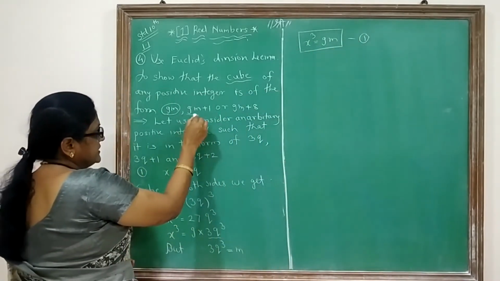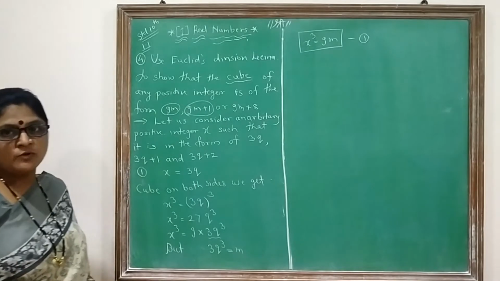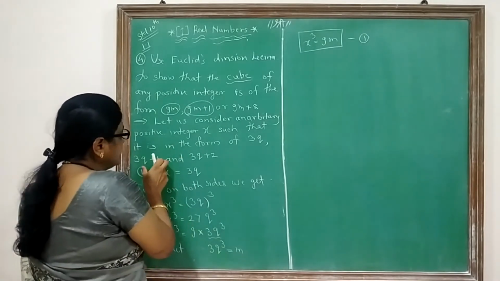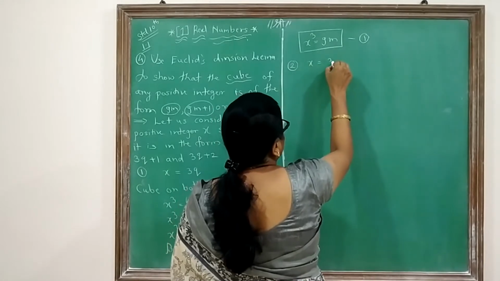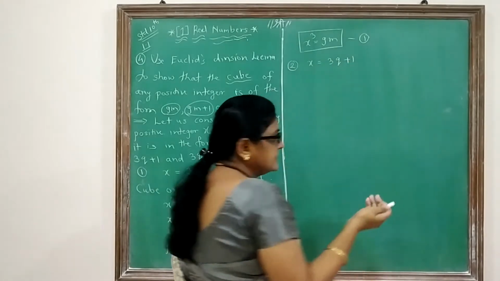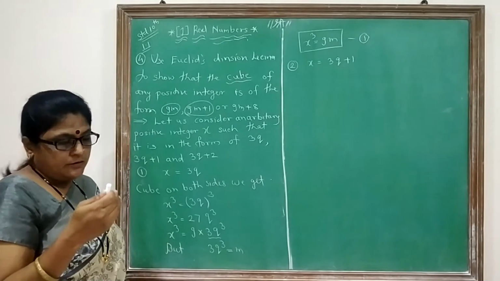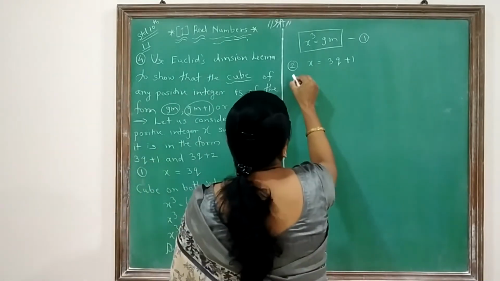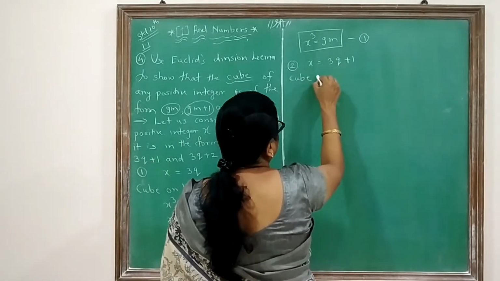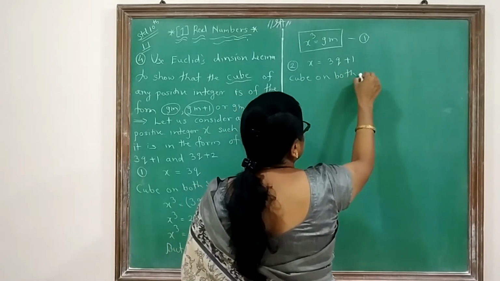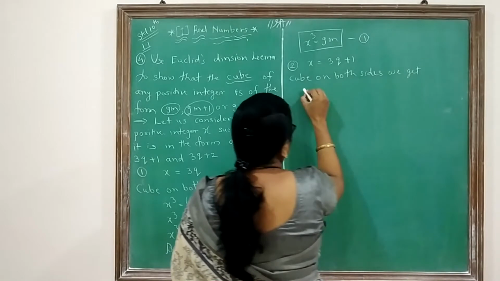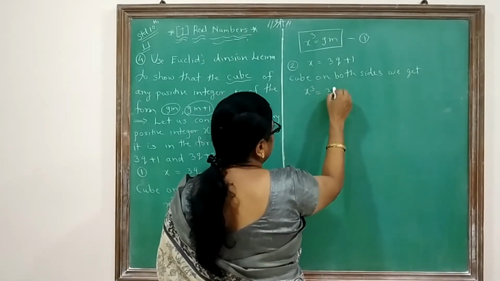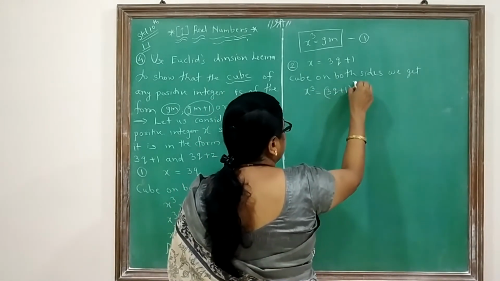Your second condition is 9m plus 1, so again you will write 3q plus 1. The same rule you can apply. Cube on both sides, we get x cube equal to 3q plus 1 whole bracket cube.